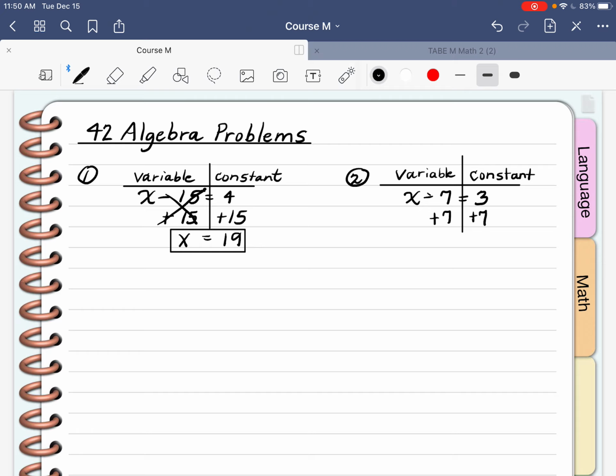The 7. Cancel. X is 10. So the answer to number 2, the solution, is 10. Just write that on the back of your card.